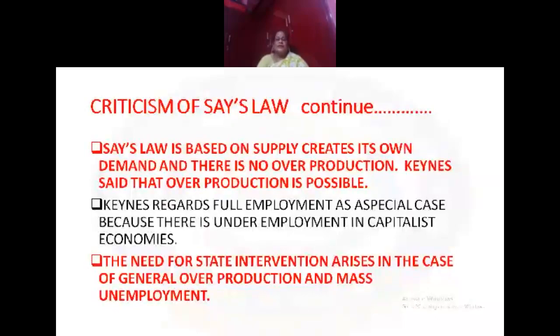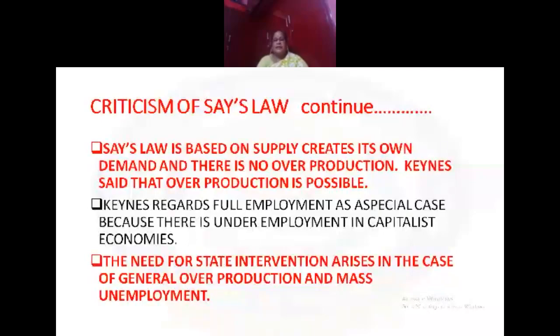Last point, the need for state intervention arises in the case of general overproduction and mass unemployment. There will definitely be state intervention. No government will allow the people to go ahead with their profits.